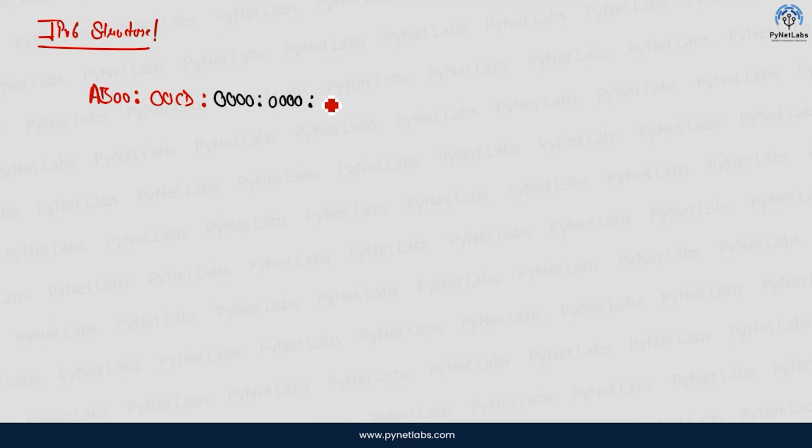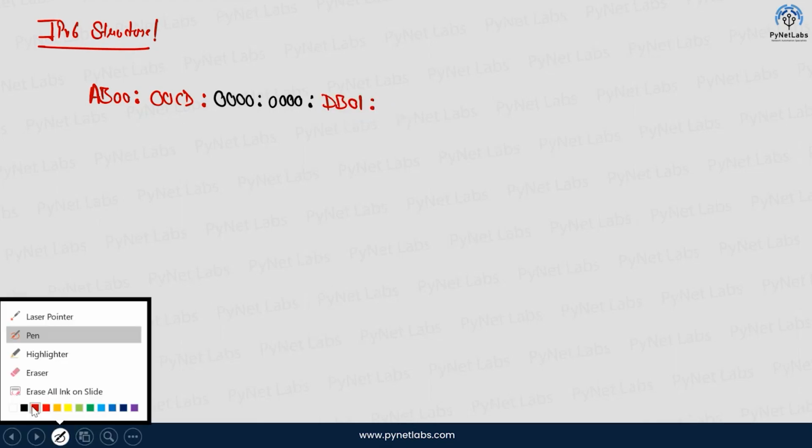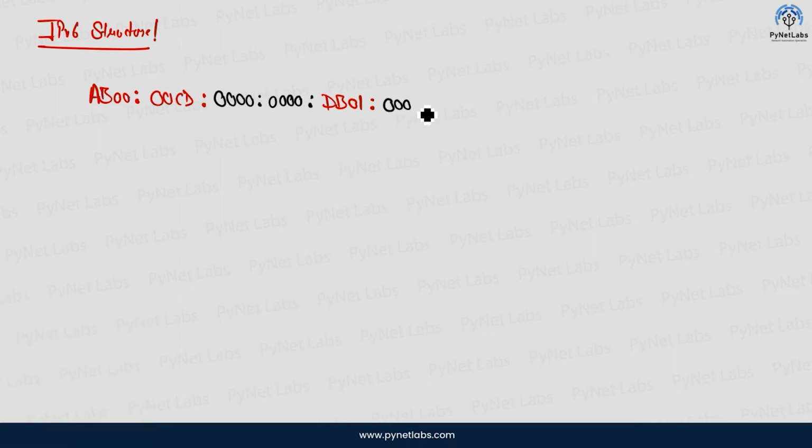Let's say we have some values like DB01. Again, we have some continuous zeros. There is a reason I'm using these continuous zeros, because I would like to show you how we can make it shorter and how we can deploy it in the production environment. So this is four times 0. Then again, I'll write the IPv6 address, which is 1234.